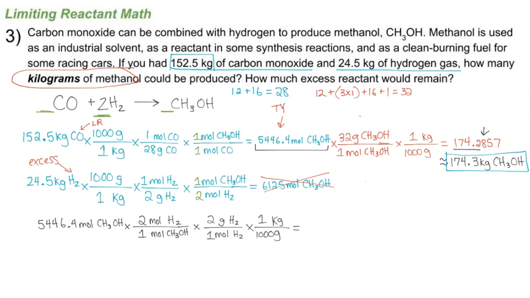So we will plug all that into our calculator. And when I did that, I got 21.79 kilograms of H2 that were used up. So then we just need to figure out how much is left. So we will start with the amount that we had.